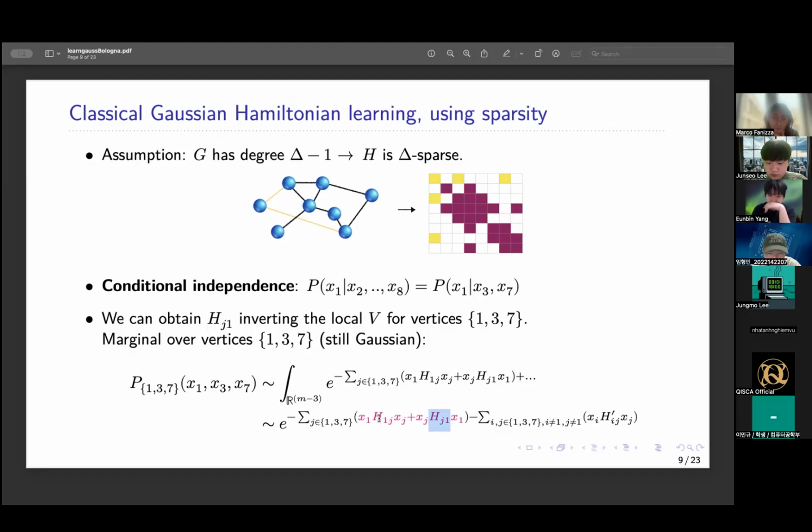This means that if you want to understand the interaction of vertex 1 with its neighbors, it is sufficient to get access to the covariance matrix of the neighborhood of vertex 1, because by inverting it and reading the first row and first column, you can read the true entries of the full Hamiltonian.